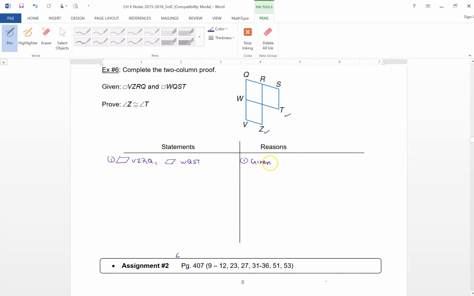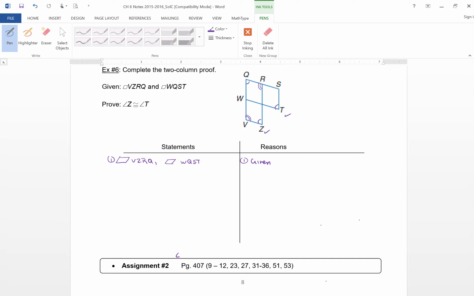So what do we know about the first, the vertical one? We know that this and this are congruent, right? Because opposite sides are congruent. And we know that these two are congruent. What do we know about the horizontal one? I know that Q is congruent to T. Well, look, I want Z congruent to T. I already proved it.